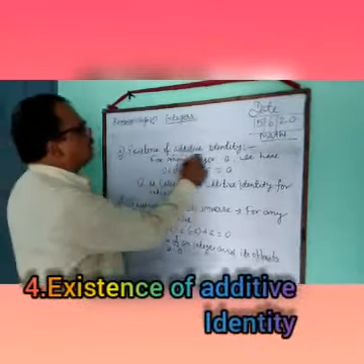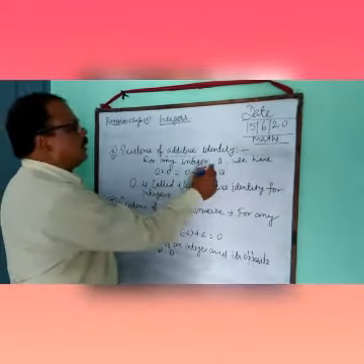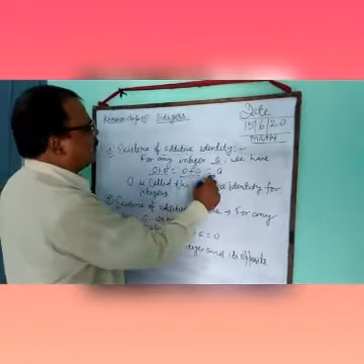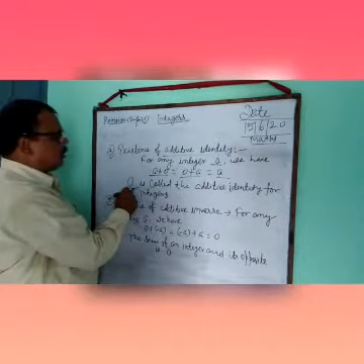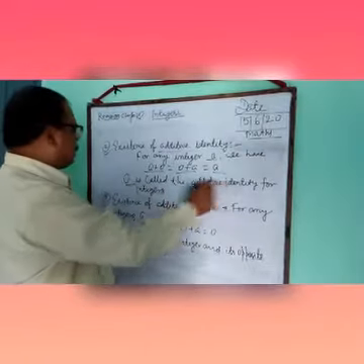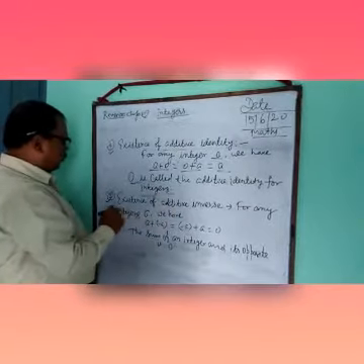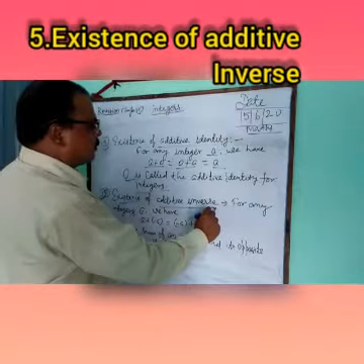Fourth, existence of additive identity. For any integer a, we have a plus 0 is equal to 0 plus a is equal to a. 0 is called the additive identity for integers. Fifth, existence of additive inverse.